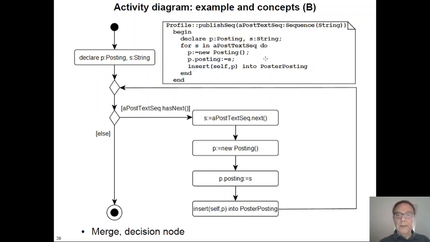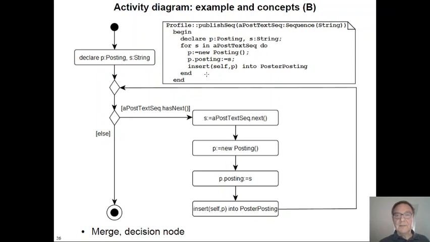Inside the loop, what is going on? We generate a new posting and we record the new posting in the variable P. Then we manipulate the attribute posting of the P, and we assign the S, with which we have iterated over the sequence of strings, to the attribute posting of the posting P. And as a last step we take the self.